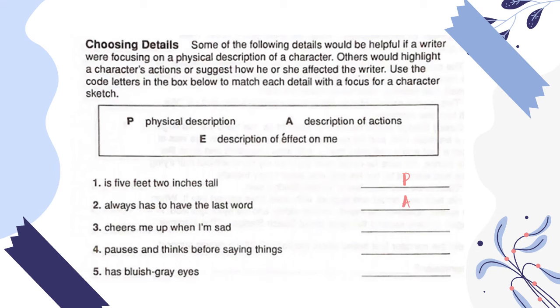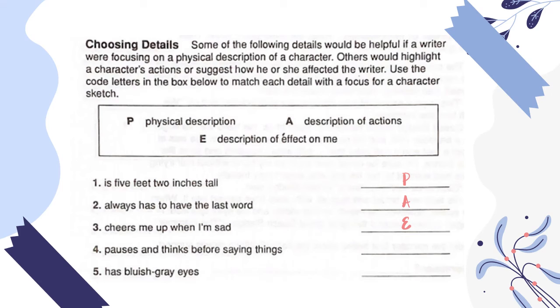That's a description of their actions, because it shows what they do, that they're always talking. They always have to have the last word. Cheers me up when I'm sad. E, a description of the effect on me.